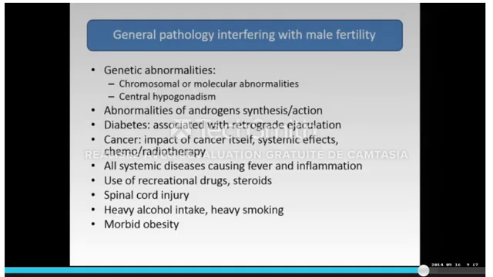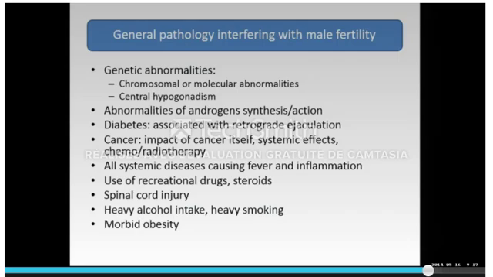And finally, a few words about general pathology interfering with male fertility. So we've talked about the genetic abnormalities, chromosomal or molecular abnormalities, such as cystic fibrosis, for example, or Klinefelter syndrome, central hypogonadism.